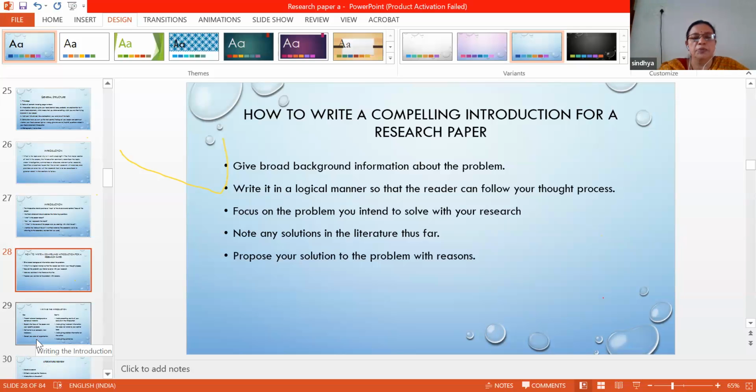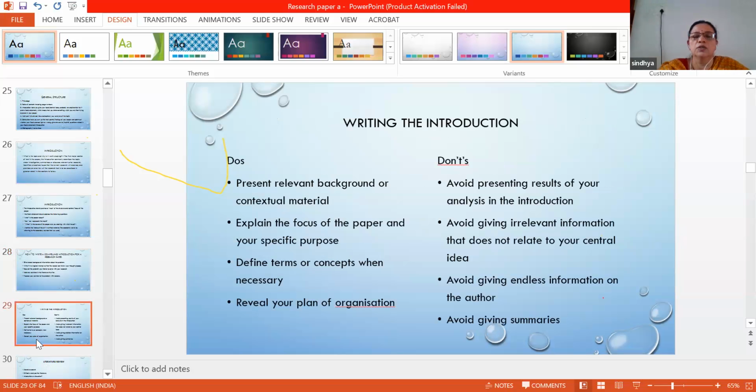That is important while writing an introduction, and the do's and don'ts while writing an introduction. While writing an introduction, we should present the relevant background only, and focus the paper and the specific purpose, and define terms and the plan of organization.